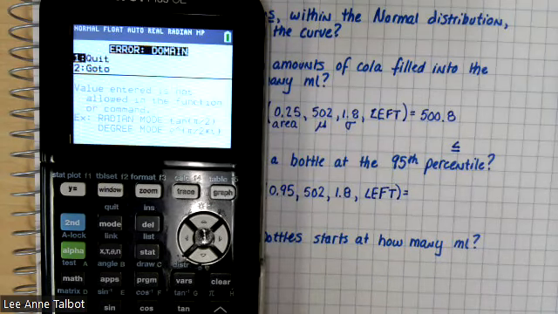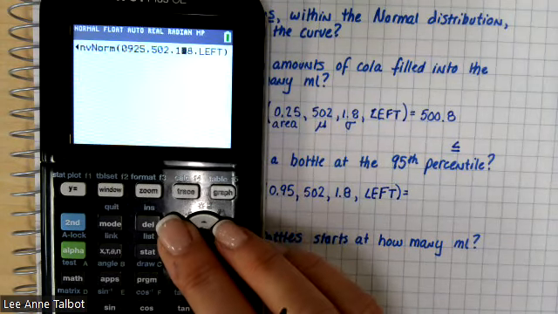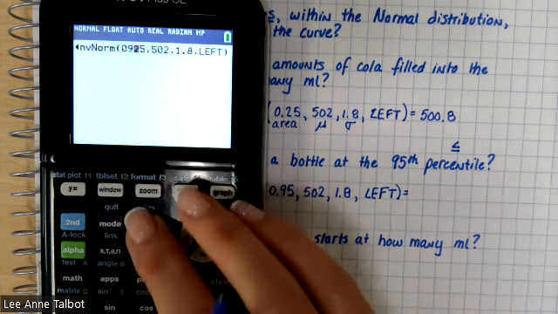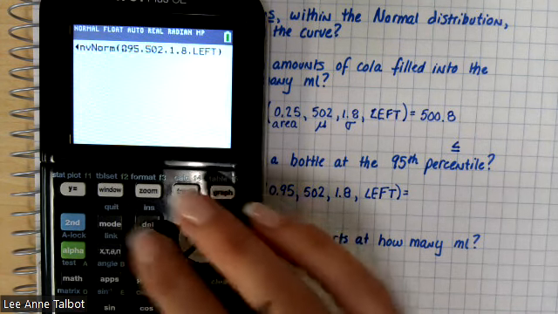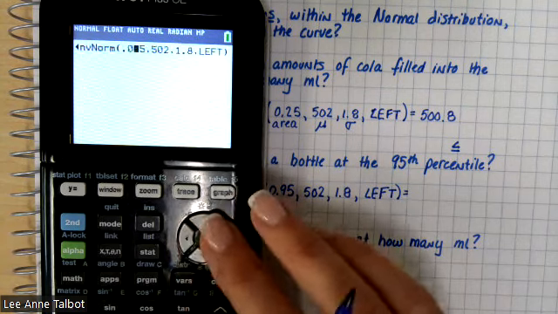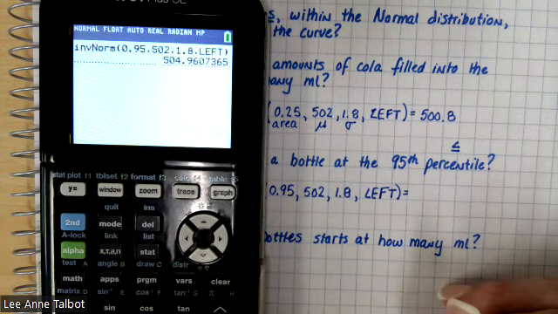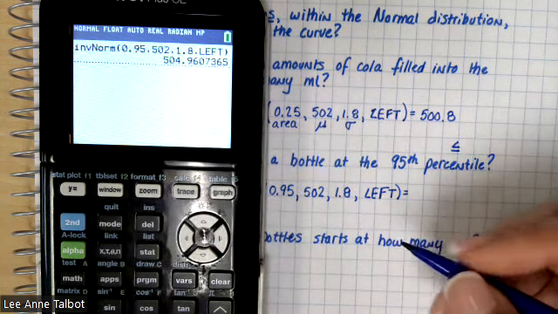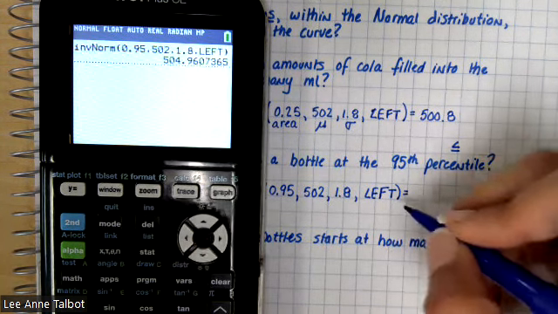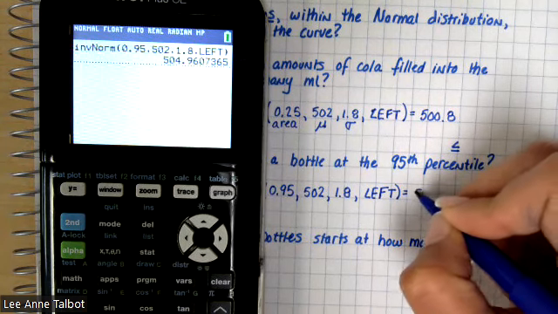I did it wrong. I changed. 505.05. I know, I could have just typed it from scratch faster than that. 505.05.